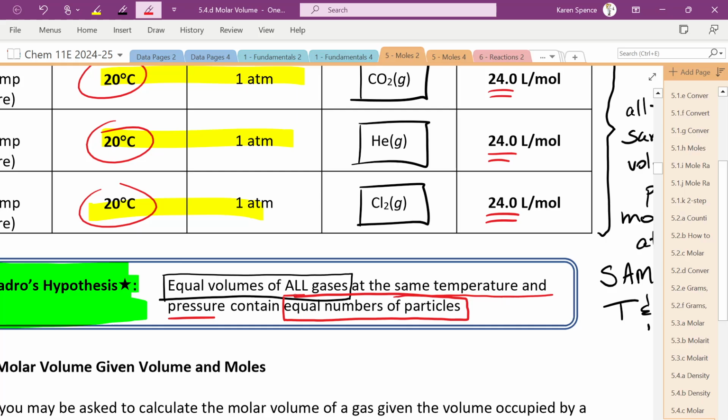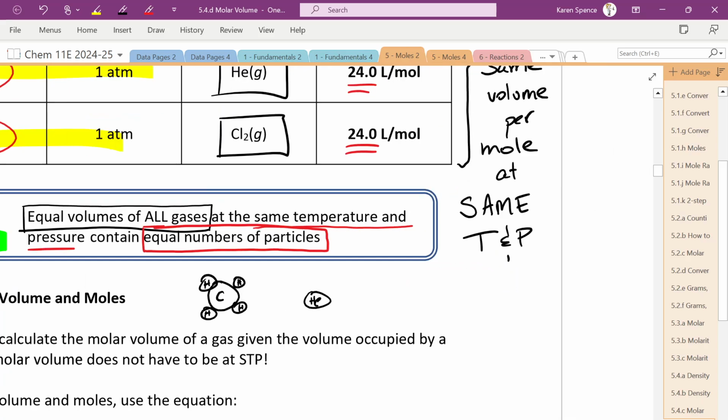Now, why is this? Because if you were to look at, let's say, methane gas, CH4, and let's say we had helium. The methane looks much bigger than the helium, yes?